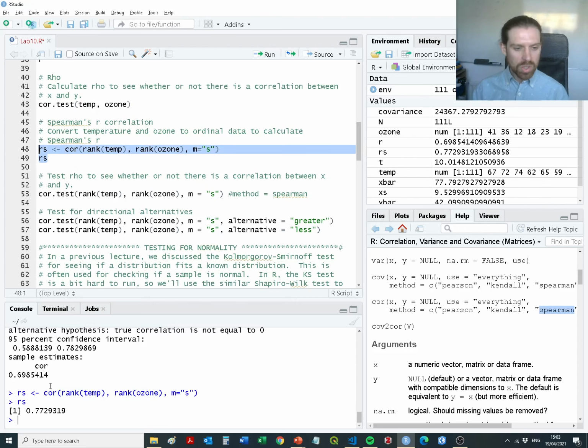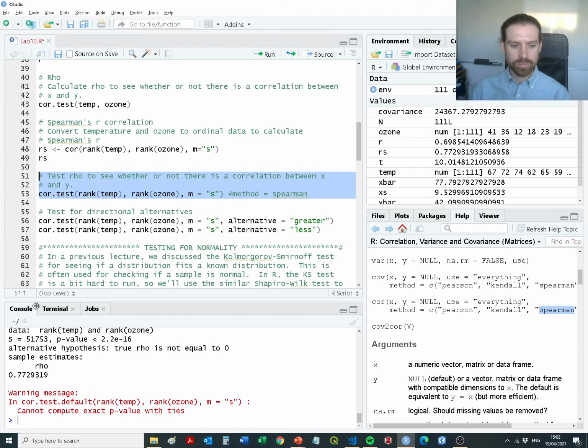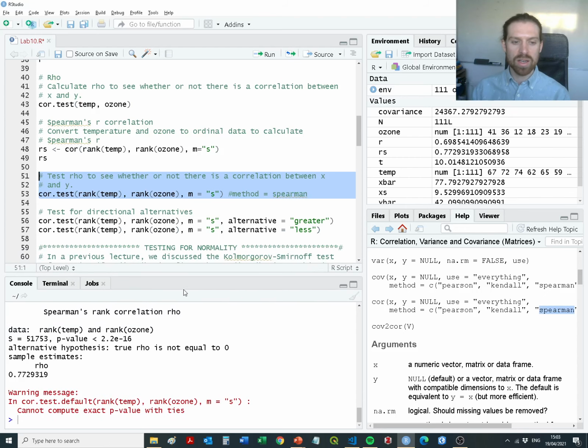Okay, when we do that, we find we actually get an even stronger correlation once we downgrade that data to ordinal. So it's a positive correlation, 0.77 is quite strong. So we can also test the rho to see whether or not there is a correlation between x and y. And we're using the Spearman's rank approach here.